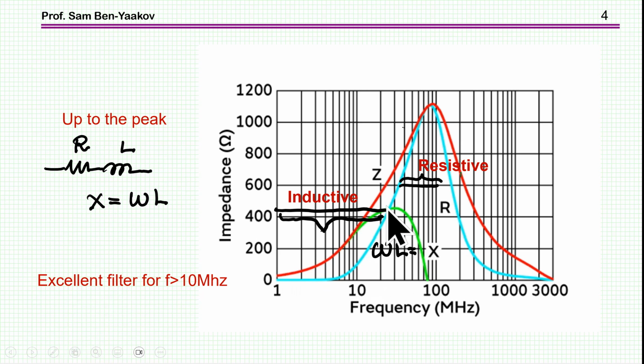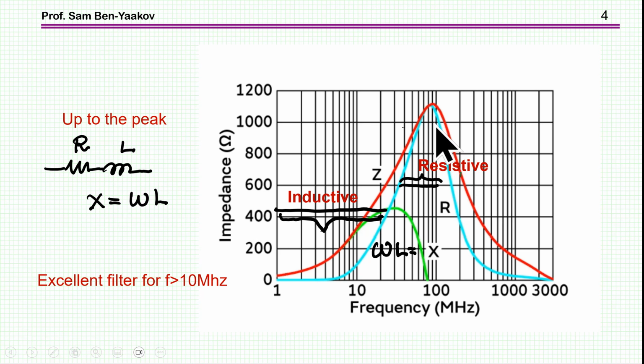We are left with the losses, which are the resistive part, until we come to this peak, and then there is a drop. The drop is due to two phenomena. One is the capacitance of the unit, which shorts the unit. And then there is also a change in the so-called imaginary permeability, which also causes a drop.